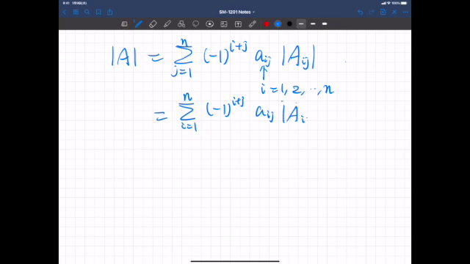Apparently, it's the same one, except for this summation: instead of summing over j, we sum over i, fixing one j. We still get the same result. Therefore, once you understand this, it is easy to see that the determinant of A is the same as the determinant of A transpose.